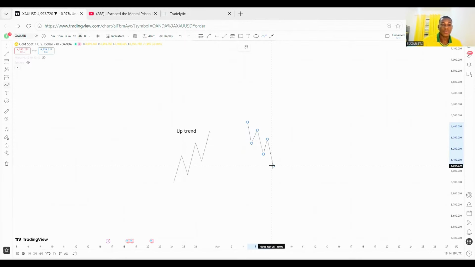Okay, it's my fault for that. Let's just start over. So this is also how the market moves. We have the highest point, a lower high, a lower low, another lower high, and then another lower low. So this is how the market moves.